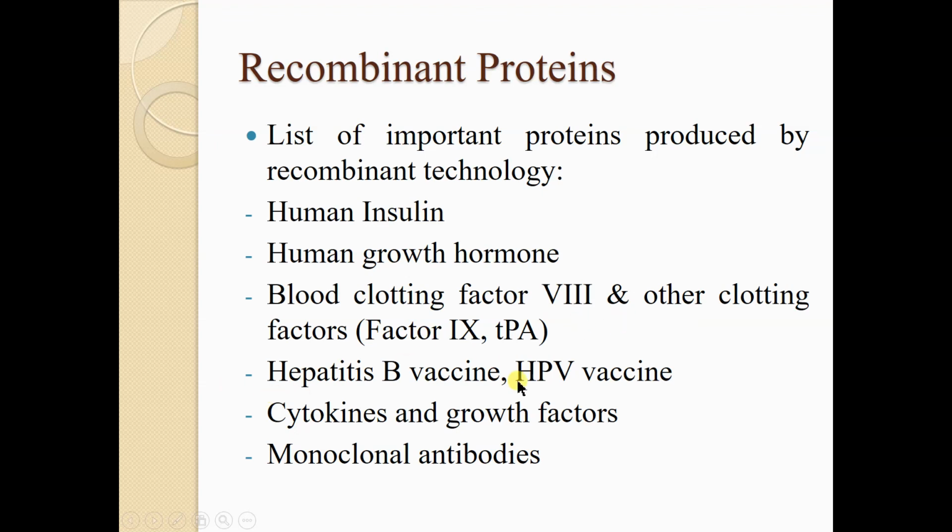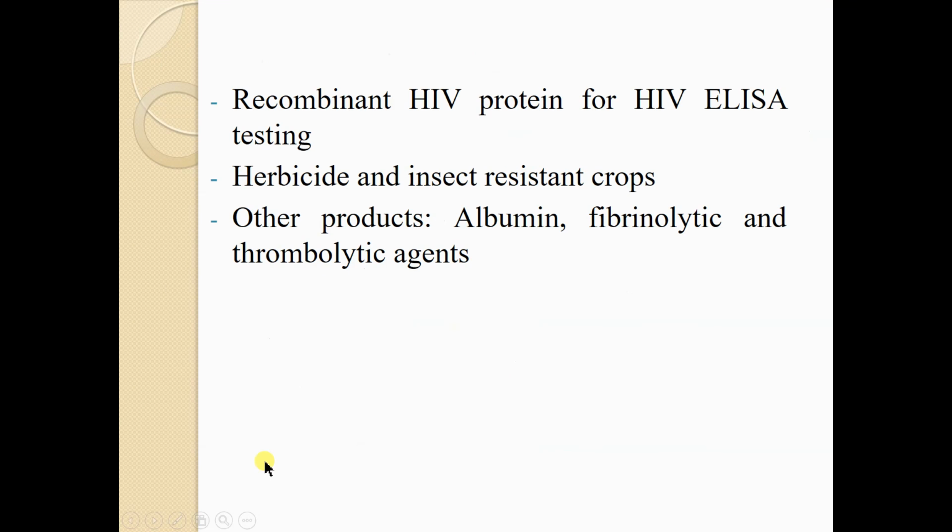Then hepatitis B vaccine, human papilloma virus vaccine, cytokines, growth factors, certain monoclonal antibodies, then recombinant HIV proteins for the HIV ELISA technique, used for the detection of HIV virus in a person's blood. It is also synthesized by recombinant DNA technology. And herbicide and insect resistant crops. Then other products like albumin, fibrinolytic and thrombolytic agents can also be synthesized by this type of technique.